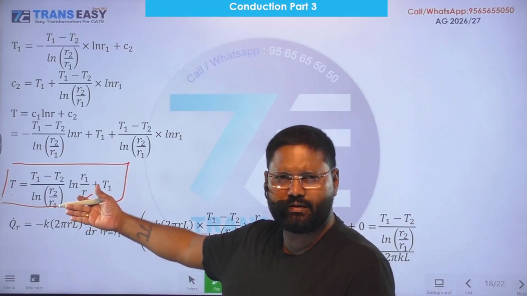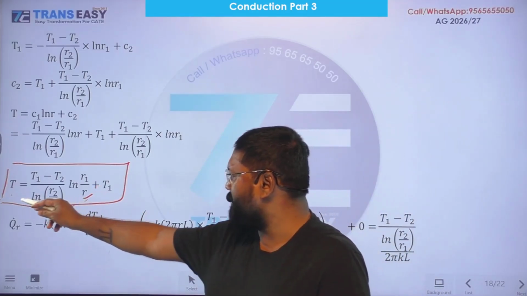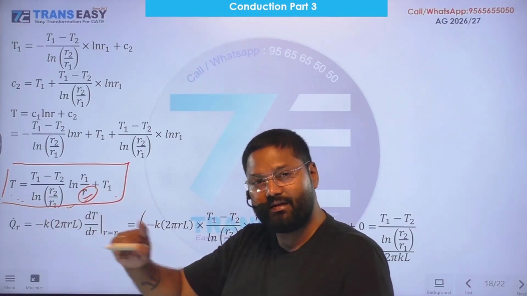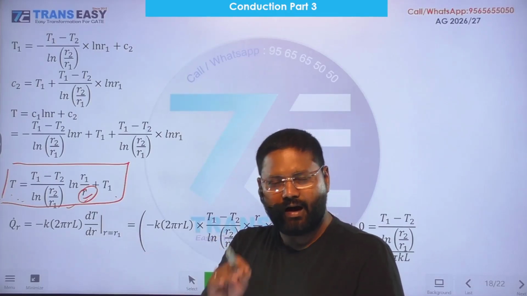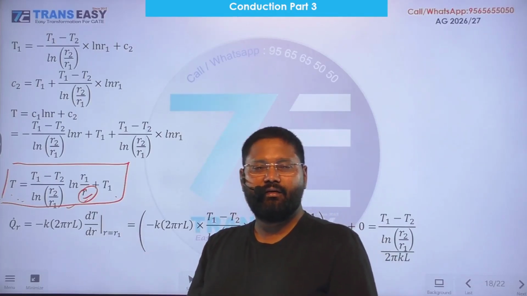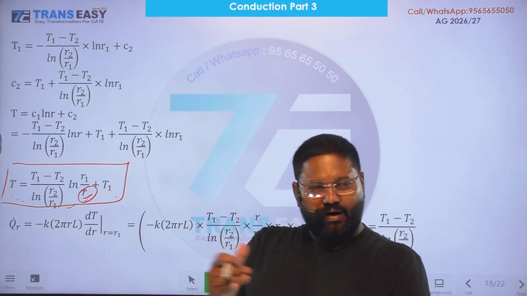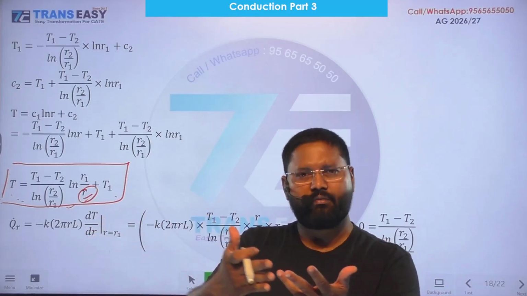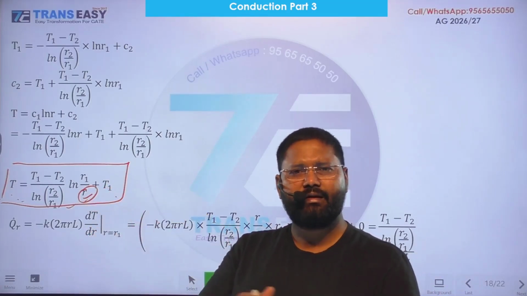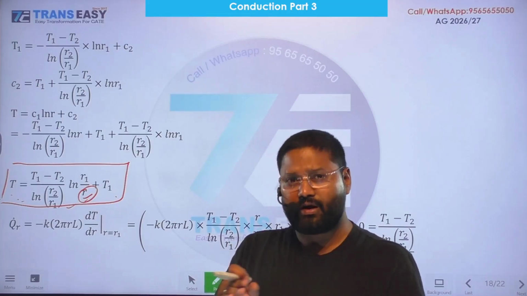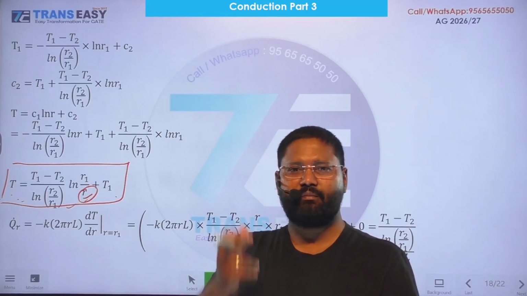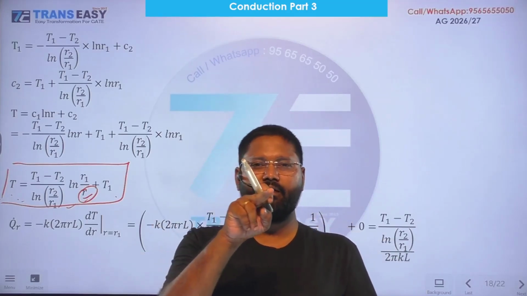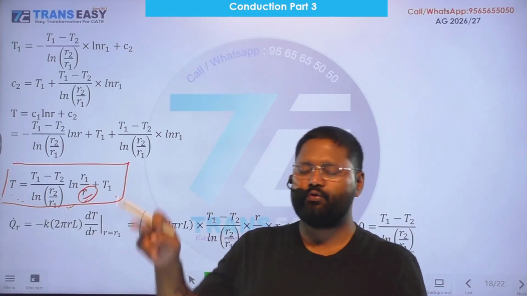After putting these two boundary conditions, we have obtained the variation of temperature with r. With r is varying like x is varying. r equal to r1 is a fixed position, r equal to r2 is a fixed position, but simply r may take any value from r1 to r2, because from r1 to r2 conduction through the material of the cylinder is taking place. r1 is the radius of the inner surface of the cylinder, r2 is the radius of the outer surface.